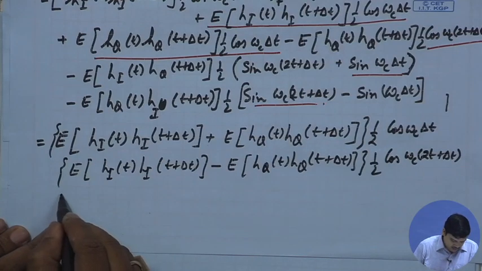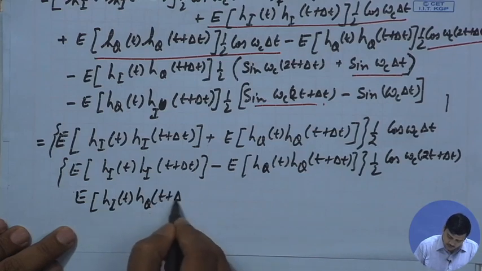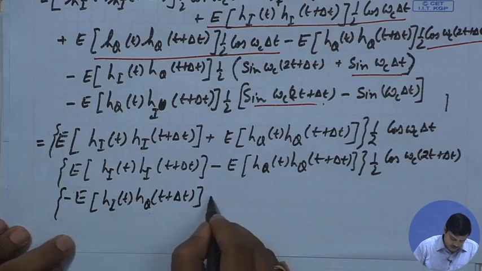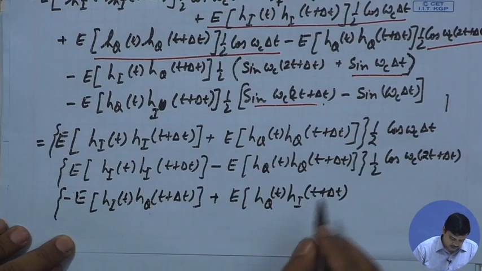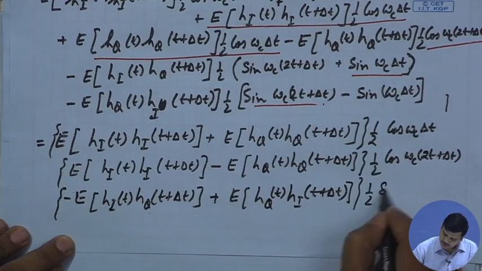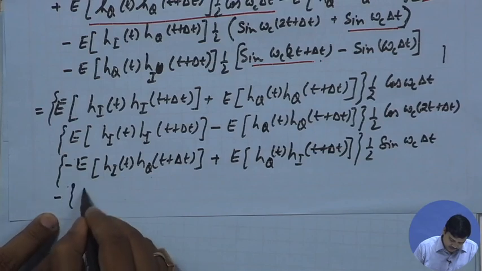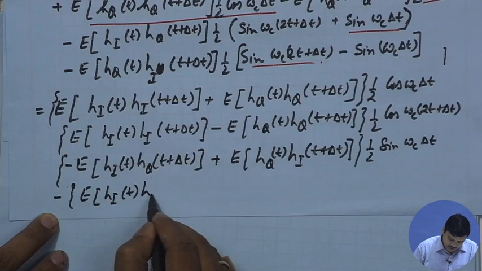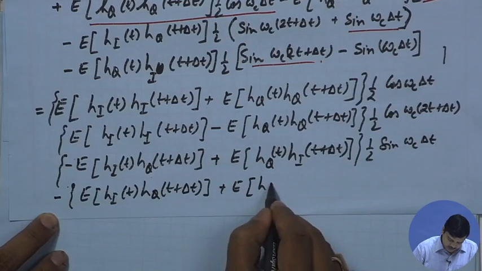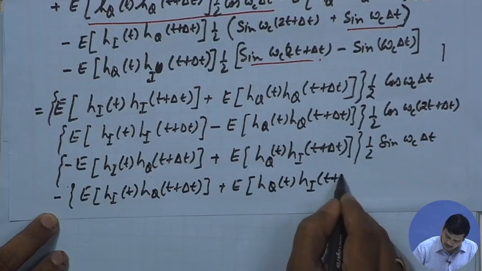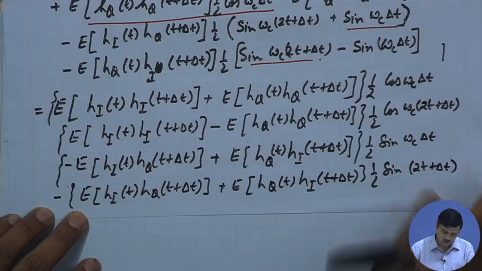we have the other terms, that is E of h_i of t h_q of t plus delta t with a minus sign in front of it plus E of h_q of t h_i of t plus delta t, this having with it sine omega c delta t, and then finally we are left with the last term, that is minus of expected value of h_i of t h_q of t plus delta t plus E of h_q of t h_i of t plus delta t multiplied by half sine omega c (2t plus delta t).